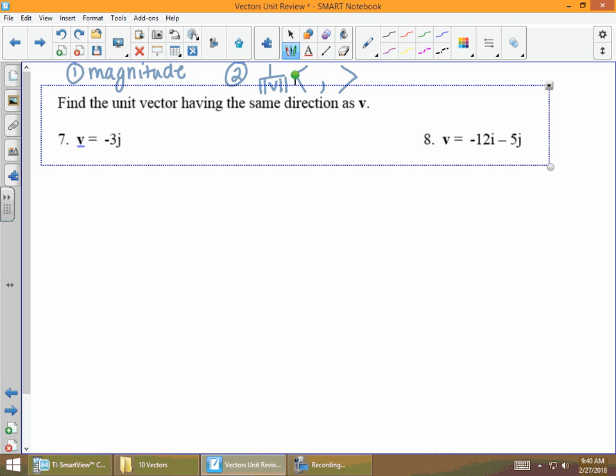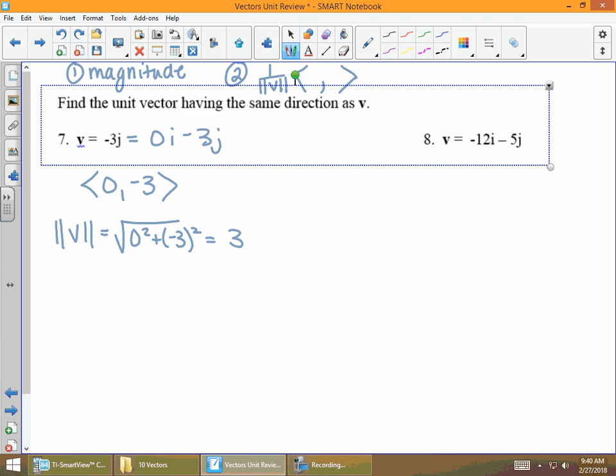Okay, so if we just have negative 3j as our vector, that vector is 0, negative 3. Remember, our vectors in this form would be ij, so it's 0i minus 3j. So the magnitude of this guy is just 3. Square root of 9 is 3.